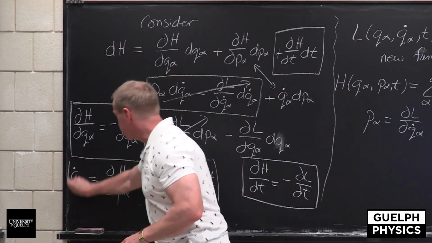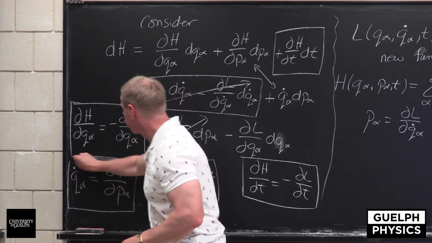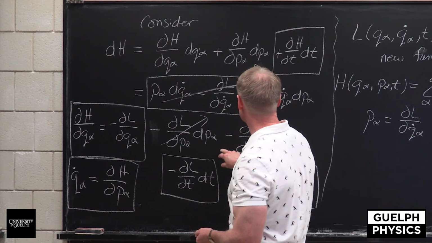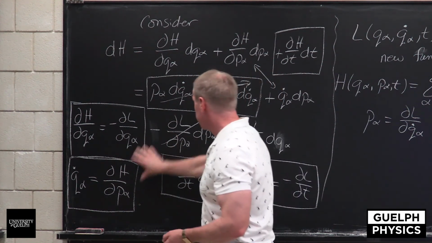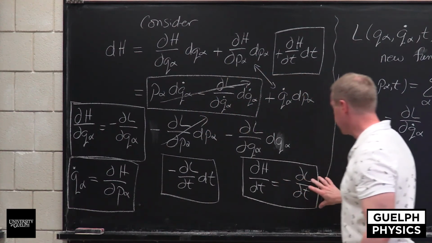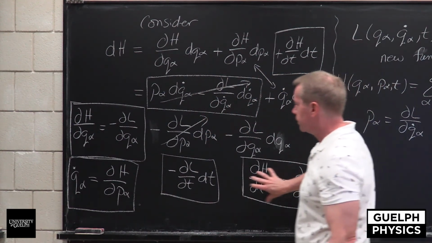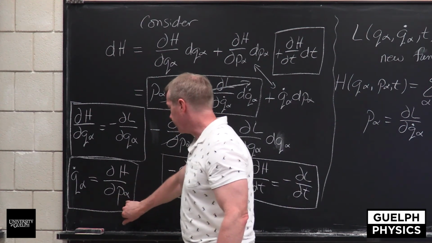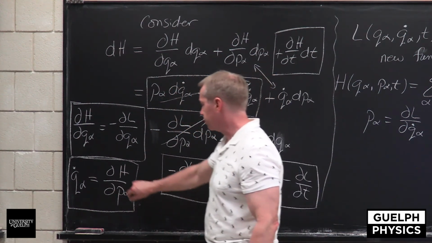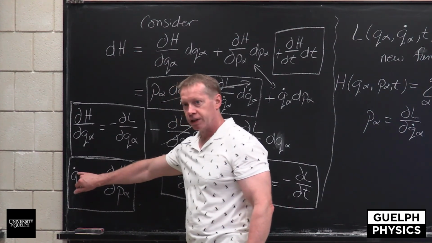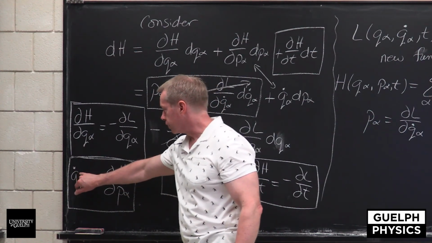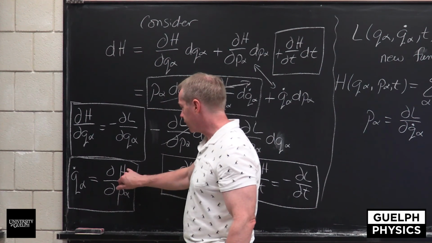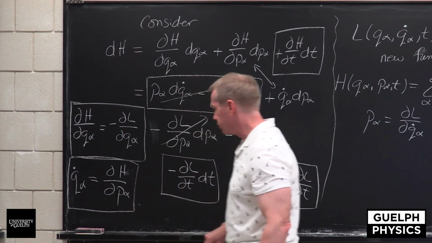So we have these three equations for our system involving the time, involving derivatives with respect to q alpha, and then a derivative with respect to p alpha. So notice how the velocity is defined. So the generalized velocity is the derivative of the Hamiltonian with respect to the momentum.